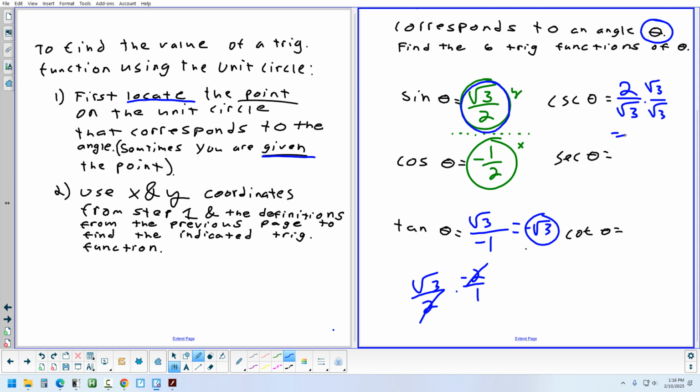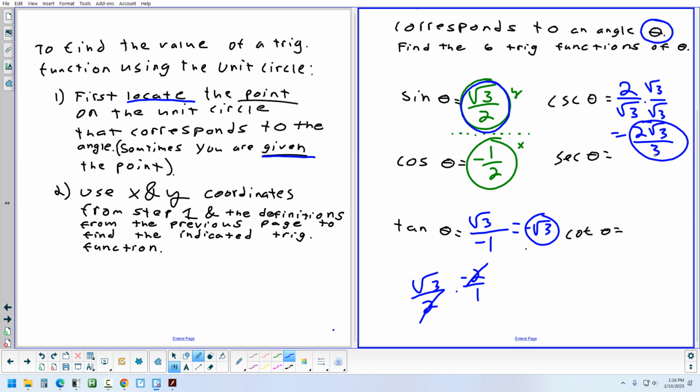If you multiply straight across the top, you get 2 square roots of 3. In the bottom, the square root of 3 times the square root of 3 is the square root of 9, which is 3. So effectively the square root symbol just goes away. And that is how you find the cosecant.